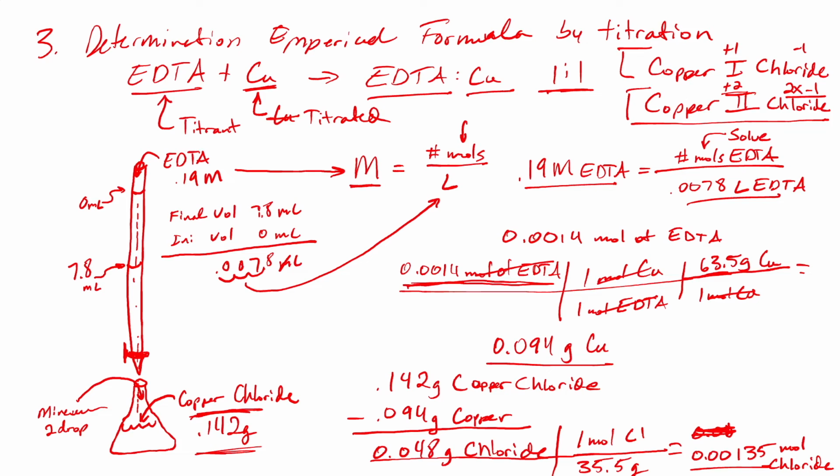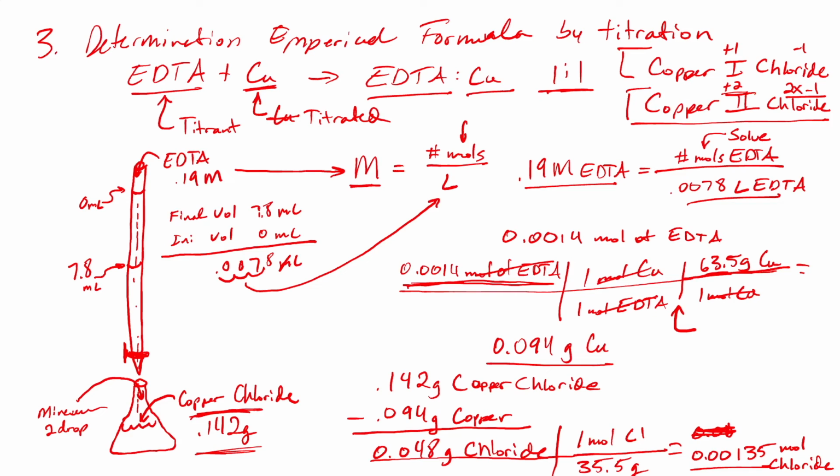And for every 1 mole of EDTA, we had 1 mole of copper chloride. But we went a step further and went to the grams of copper chloride, which gave us the actual mass. If we stopped one step ahead, right there, we could just get the number of moles of copper chloride.